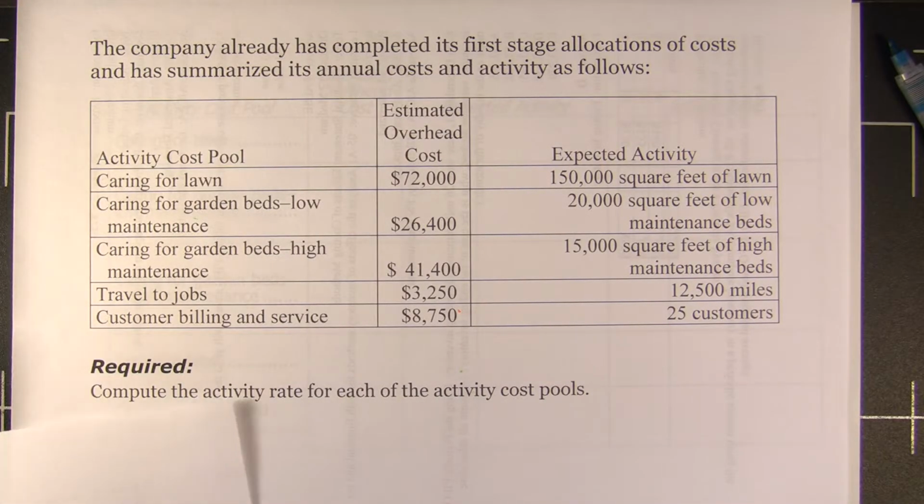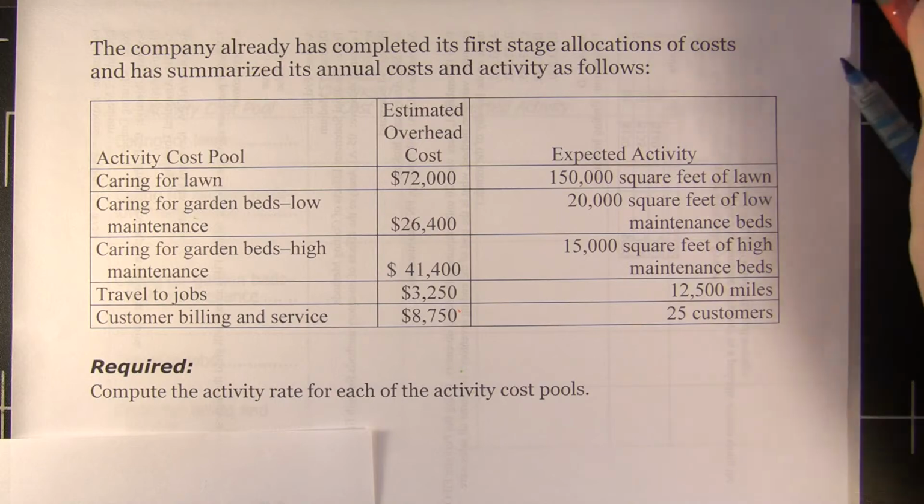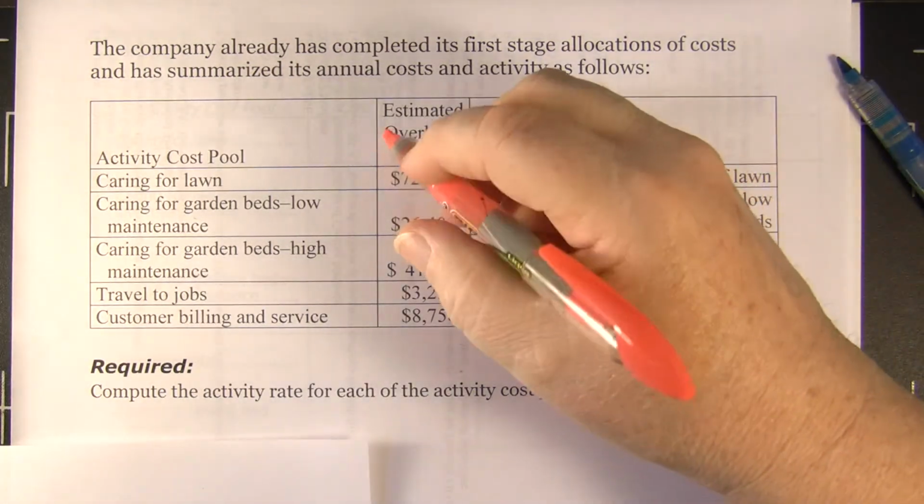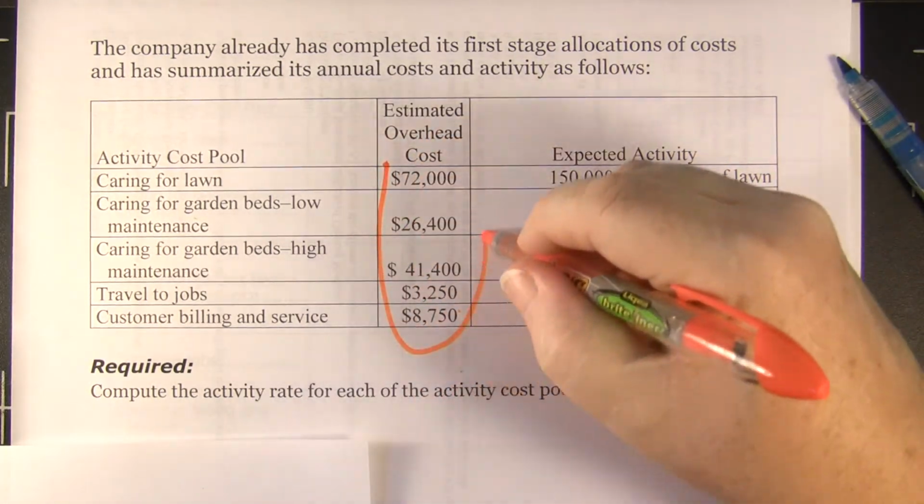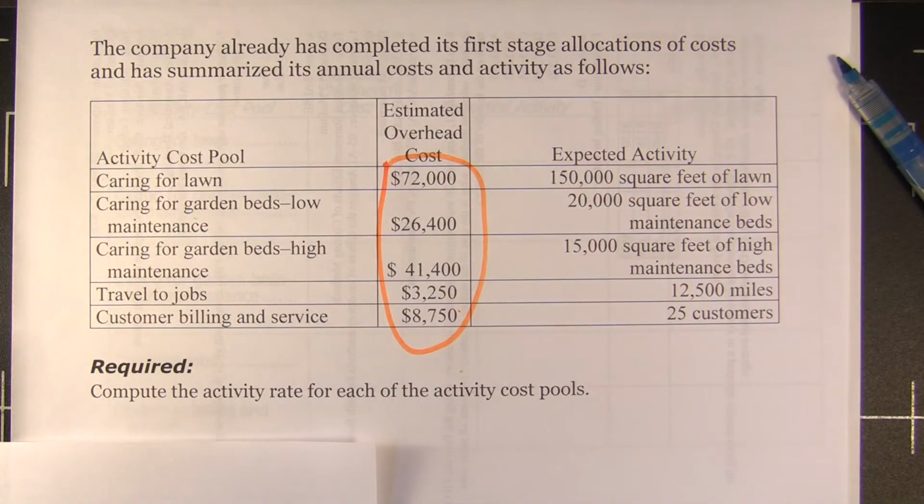We're going to come up with the activity cost. Now these numbers are the total overhead costs. He looks at his bills, he looks at his job sheets, he looks at whatever he has, and he says, well, caring for lawn, that's the size of customers' lawns.